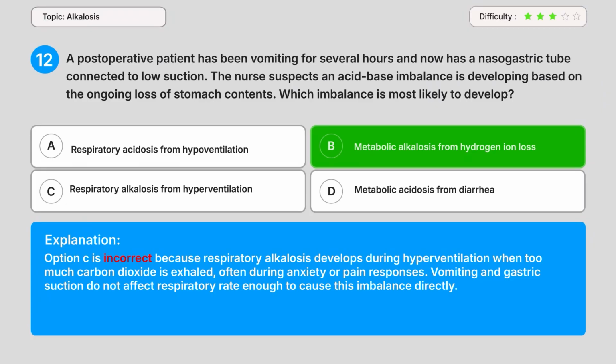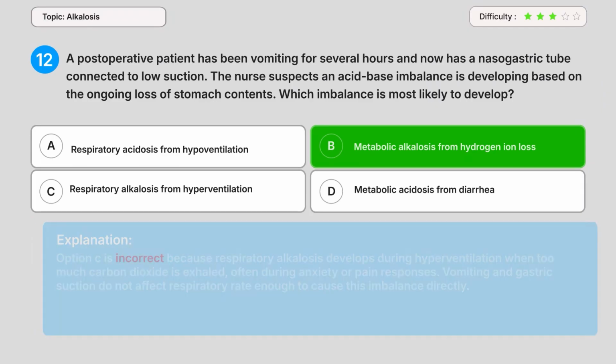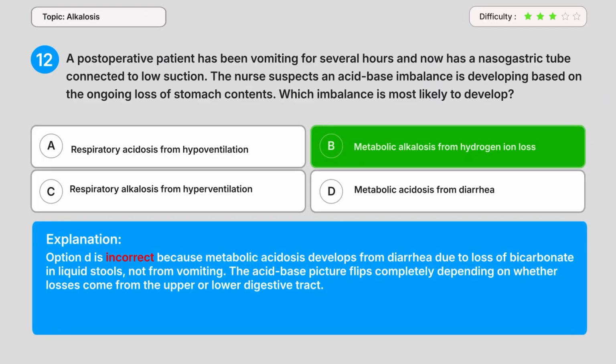Vomiting and gastric suction do not affect respiratory rate enough to cause this imbalance directly. Option D is incorrect because metabolic acidosis develops from diarrhea due to loss of bicarbonate in liquid stools, not from vomiting. The acid-base picture flips completely depending on whether losses come from the upper or lower digestive tract.